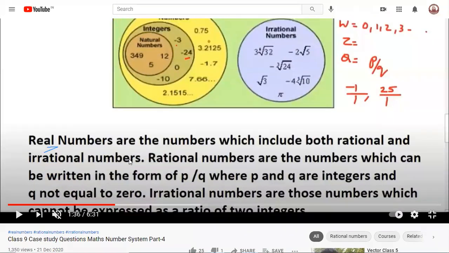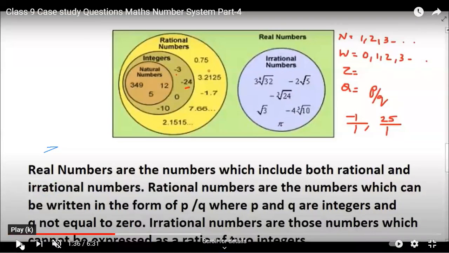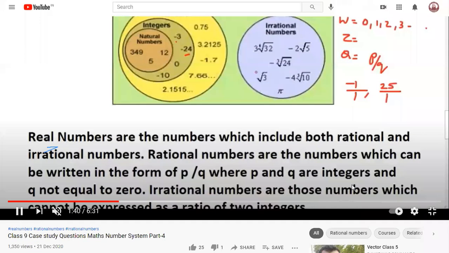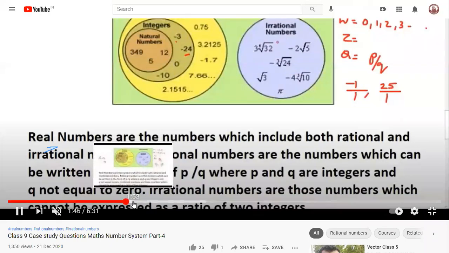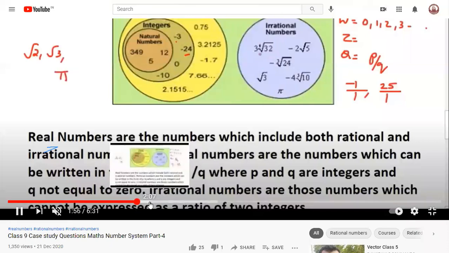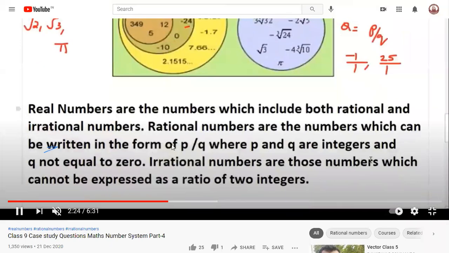So here you are given this. Real numbers are the numbers which include both rational and irrational numbers. Rational numbers are the numbers which can be written in the form of p by q, where p and q are integers and q should not be 0. This is the definition of a rational number that we have already discussed.